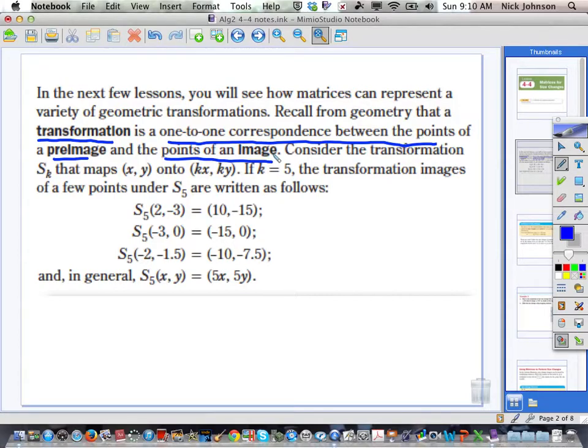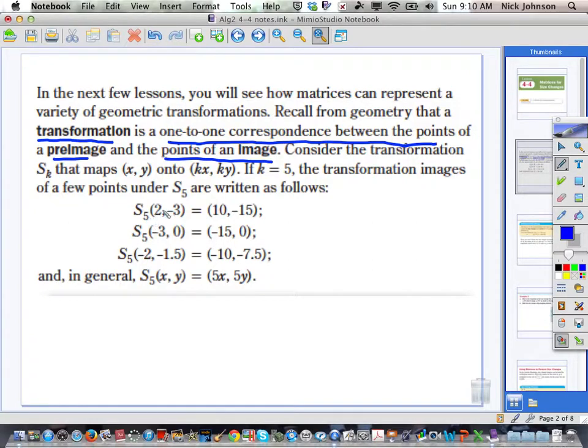It says consider the transformation S of k that maps x comma y onto k times x comma k times y. If k equals 5, that means these are 5. The transformation images of a few points under S of 5 are written as follows. So, all this means is you're taking each thing times 5.